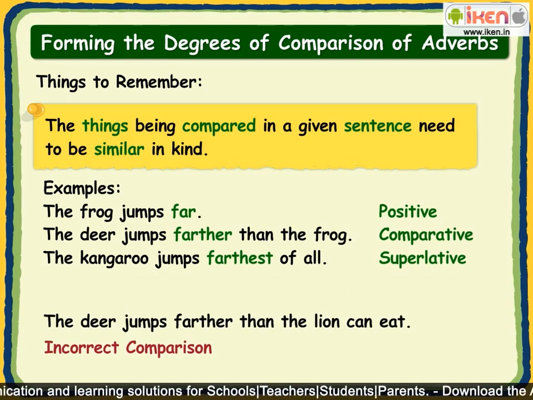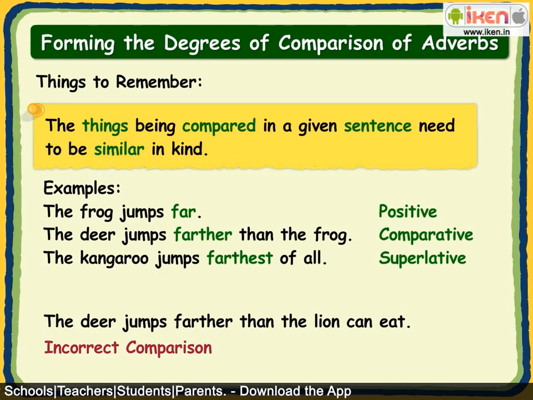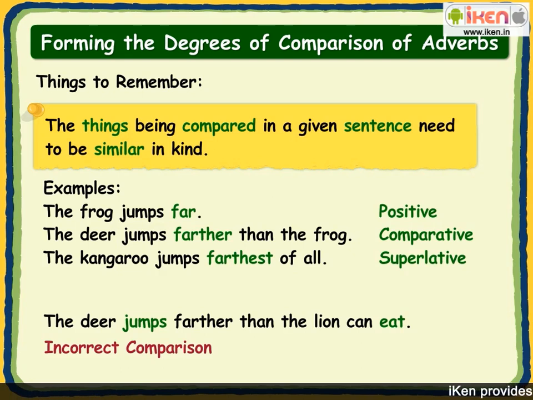Here, the comparison is incorrect since there are two different things involved. That is, the distance the deer can jump and the rate at which the lion can eat. We can have no comparison between them. Remember to always use degrees to make clear comparisons between related items.